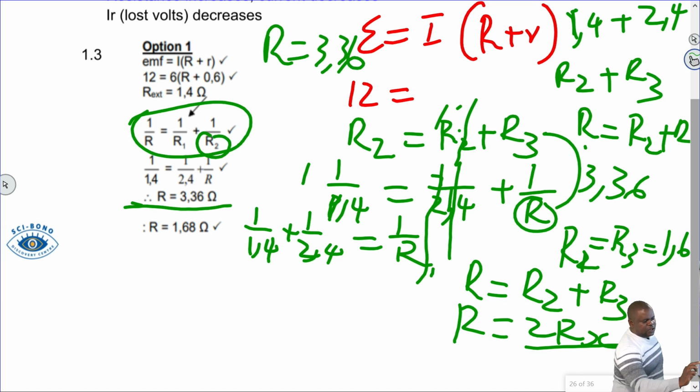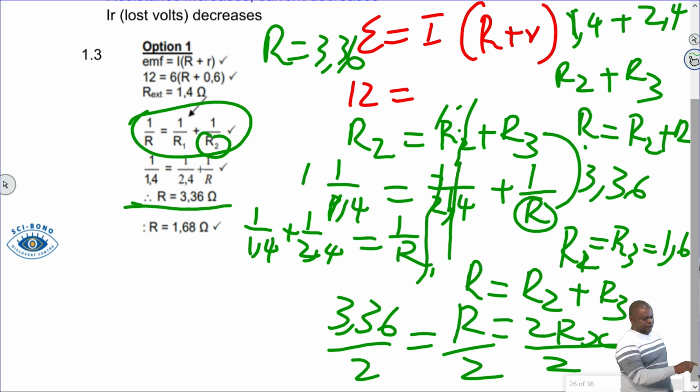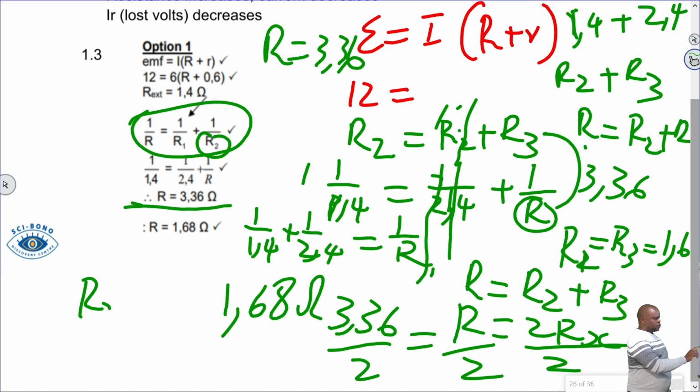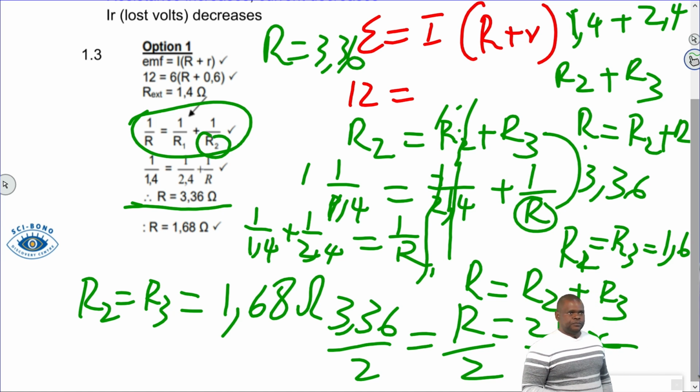In order, we're going to divide by 2. Remember, this R is equals to 3,36, then divided by 2. Then when you divide this by 2, it gives you 1,68 ohms. That means R1, R2 is equals to R3, which is equals to 1,68 ohms. Okay?